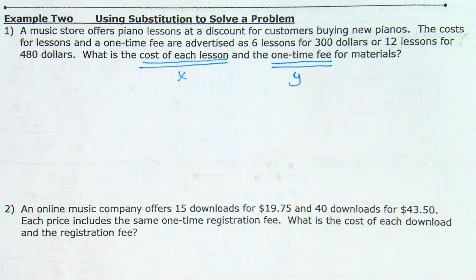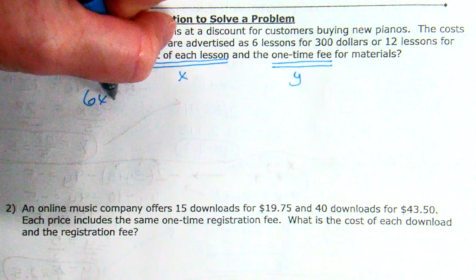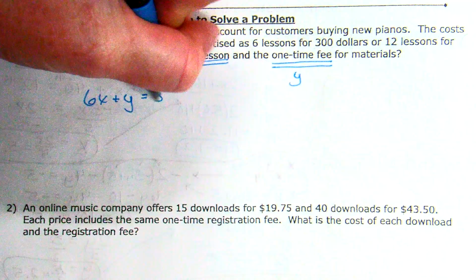Right, because it's 6 lessons, so 6 times however much lessons are. But it also says a one-time fee is included in that. So my first equation: 6x plus y equals 300. And it's just plus y because it is a one-time fee.